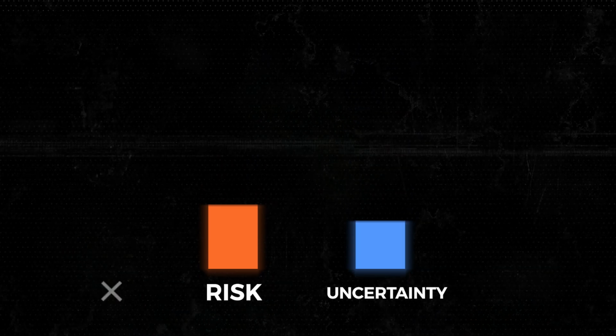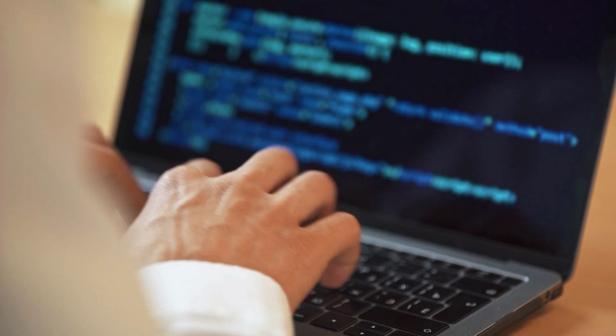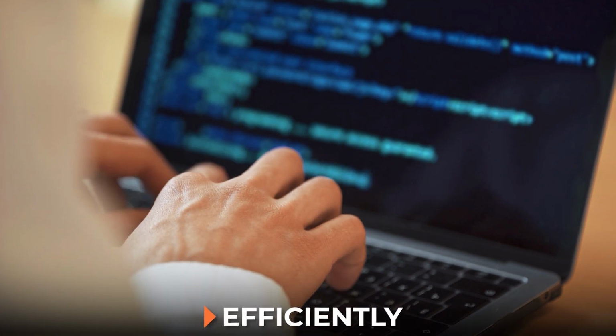Let's recap the key points. Understand and prioritize your business hypothesis. Break down your big idea into smaller, testable assumptions. Test desirability risk. Ensure there is a market demand for your product by engaging directly with potential customers. Test feasibility risk. Verify that you can build and deliver your product efficiently and effectively.